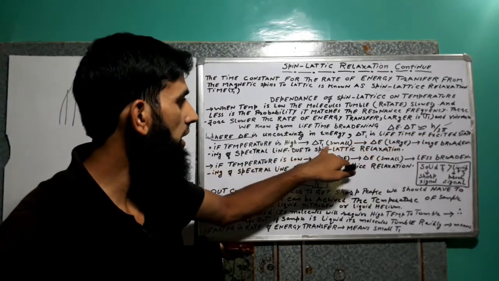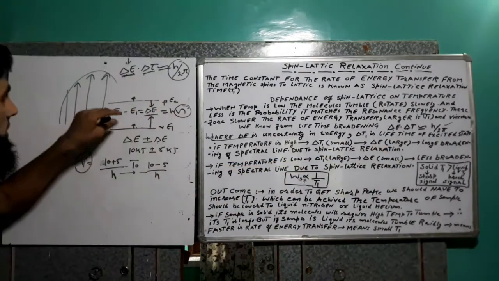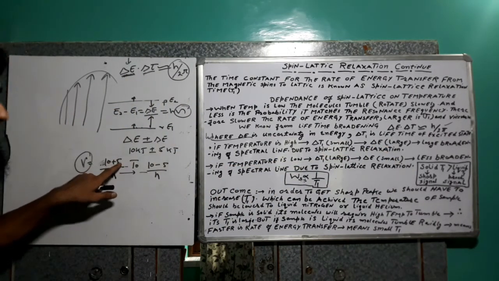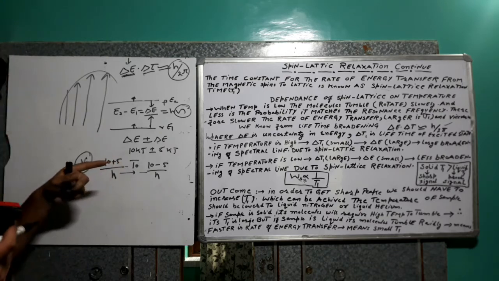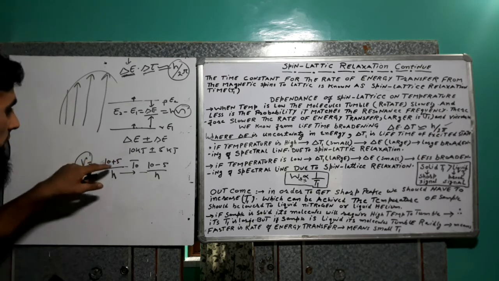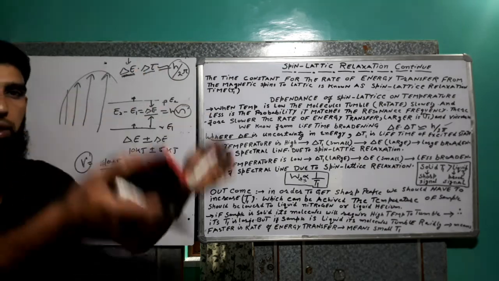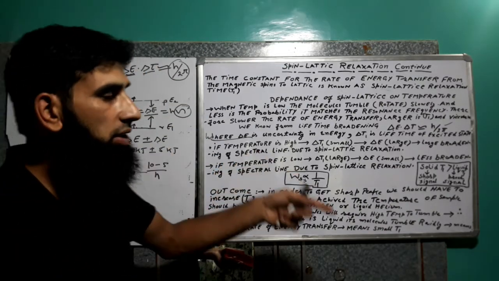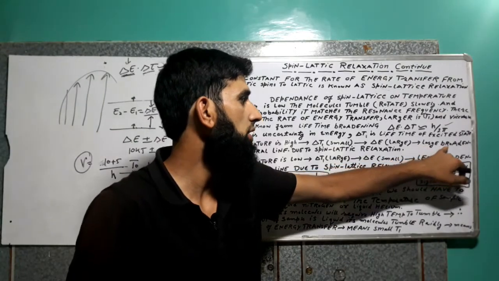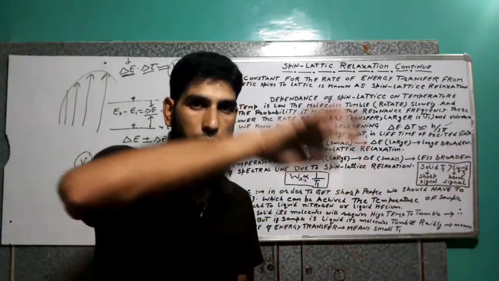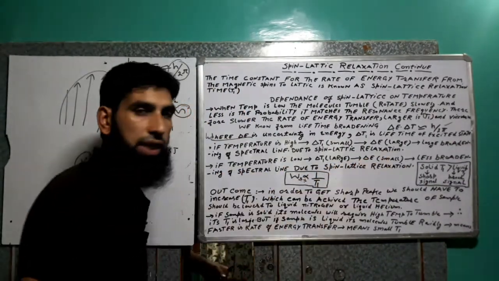When this quantity is small, this definitely has to become large. That means the uncertainty becomes large. I wrote 5 here only for the sake of understanding; it can be more than 5 or less than 5. When the uncertainty is large, a large range of frequencies is absorbed. What happens then? We get a large broadening. That means we get a broad peak, not a sharp peak. This is the broadening of the spectral line due to spin-lattice relaxation.